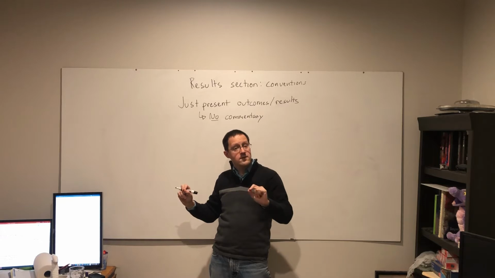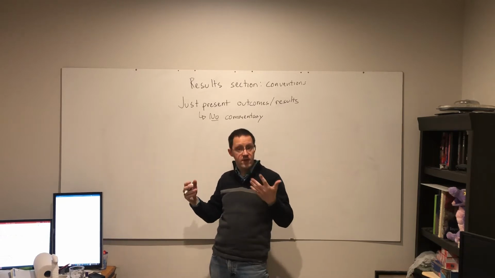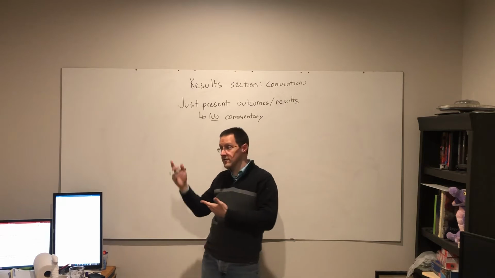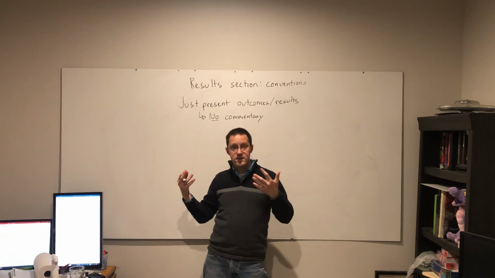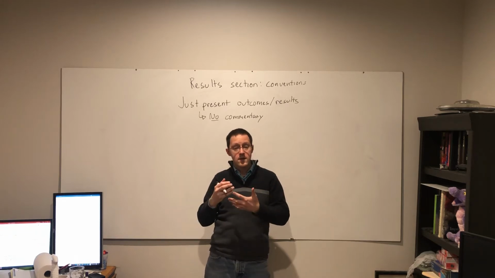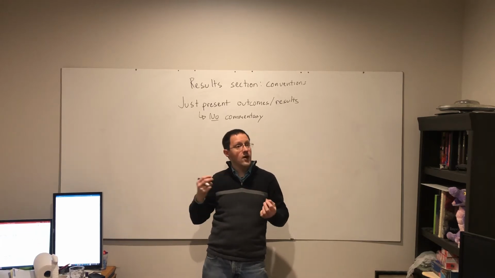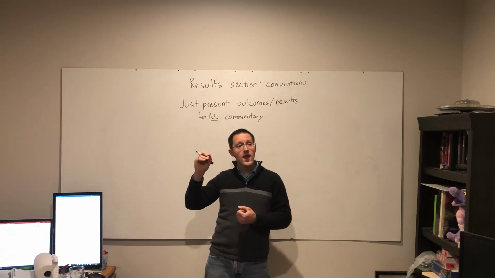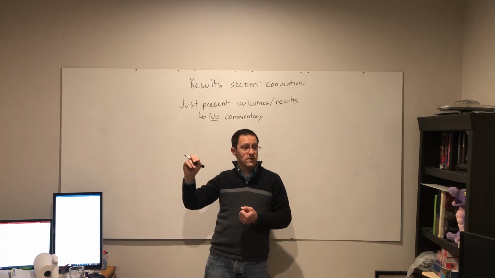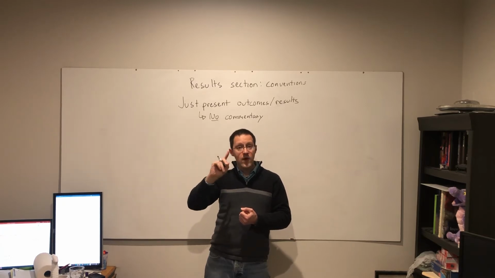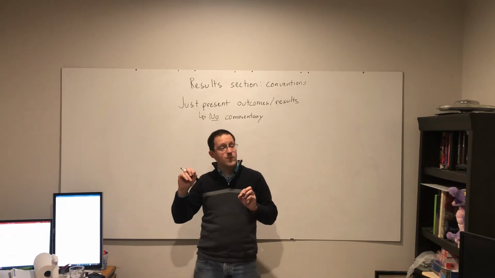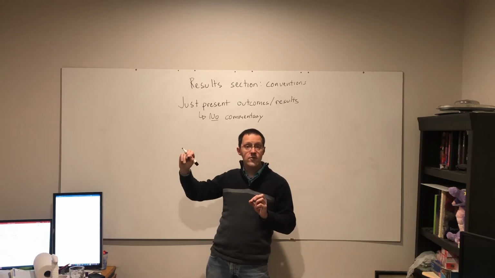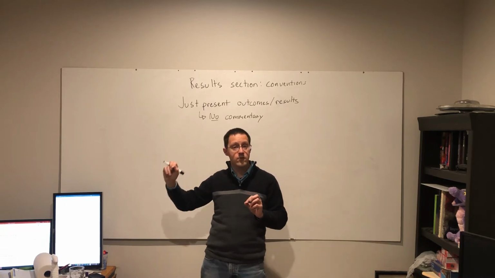So we might say, in the introduction, to understand the effect of mask mandates, I carried out a paired t-test before and after with one tail, because I want to see, did the implementation of a mask mandate reduce the COVID infection rate of a particular location?